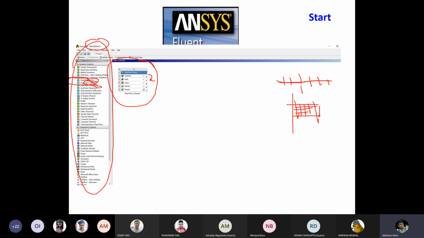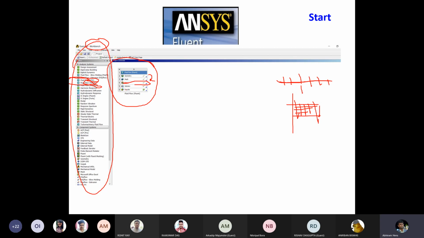That is called meshing or grid generation. Then comes setup. Setup means you need to finalize the equation: steady state or unsteady, 2D or 3D, everything you have to define.